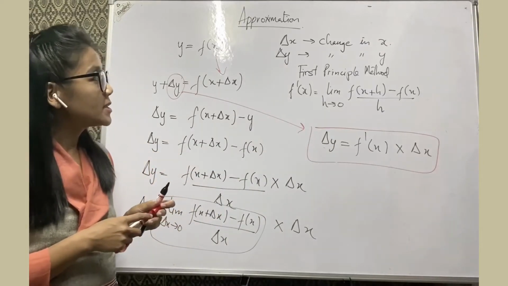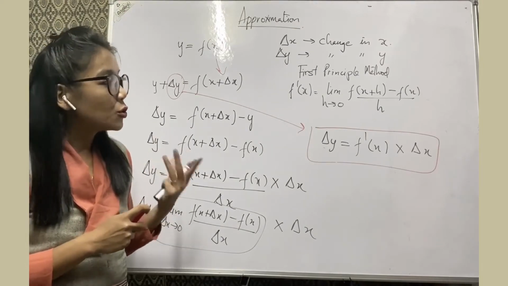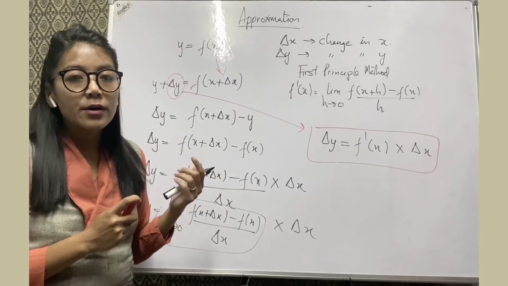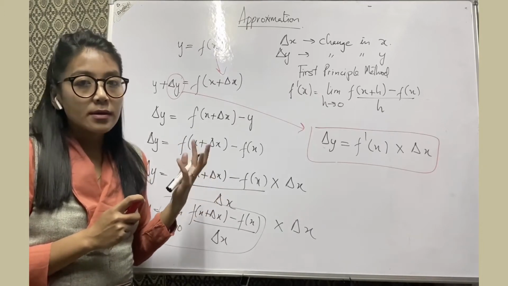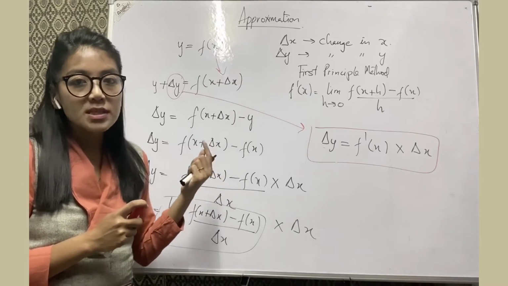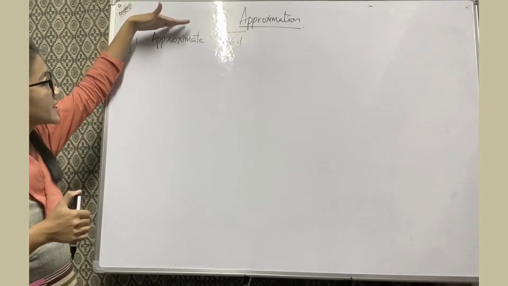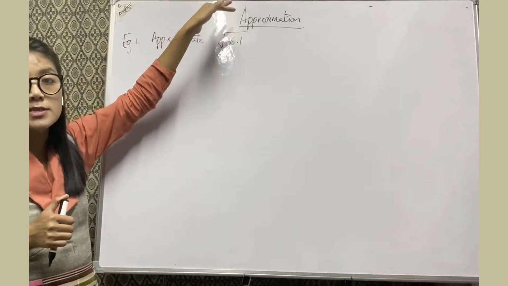Now I will take a few examples to let you know how these questions are to be solved, or how the values of square roots of certain decimal numbers are to be approximated using derivatives. So I'll show you a few examples. Now let's look at this first example. You are asked to approximate the value of the square root of 36.1.